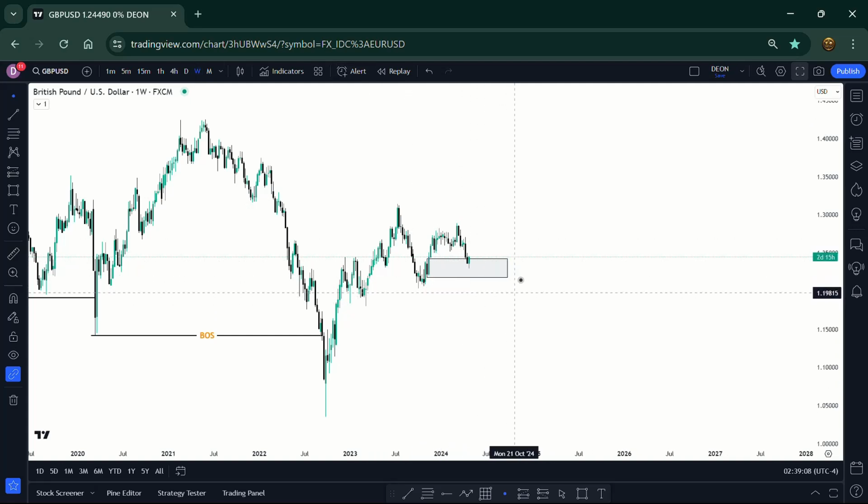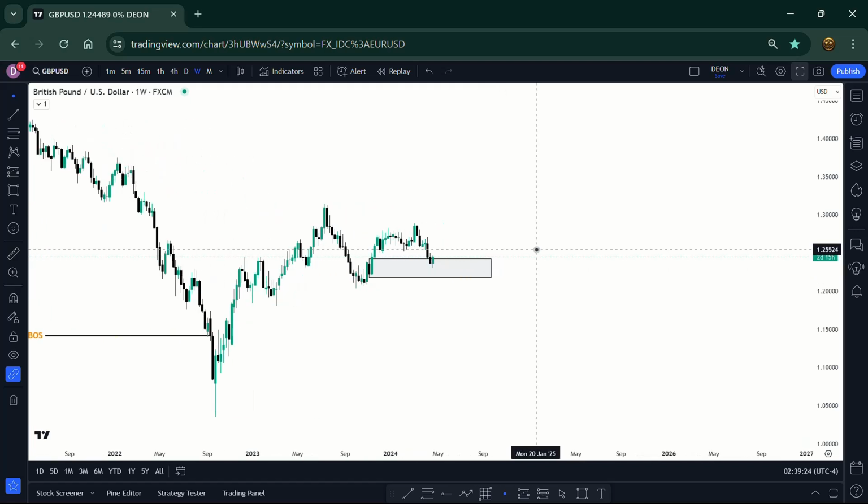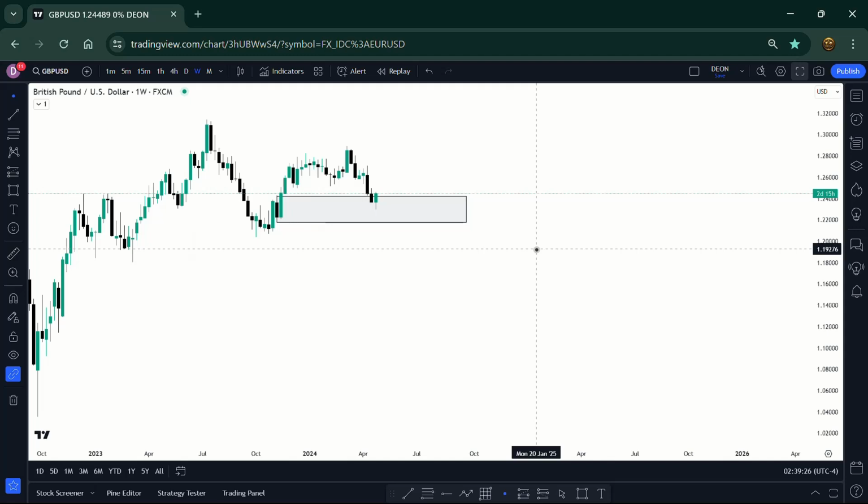It might not always do this, but the way bias works, you have to keep in mind that the market can explode, can react to this order block right here. And as you can see, going to the upside, there's a fair value gap right there.